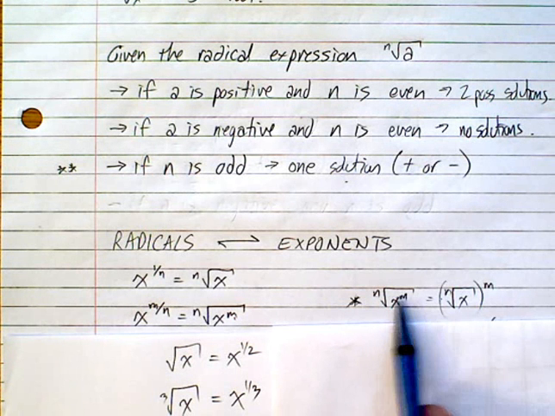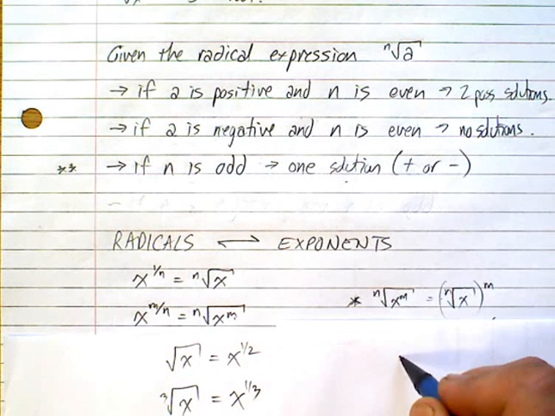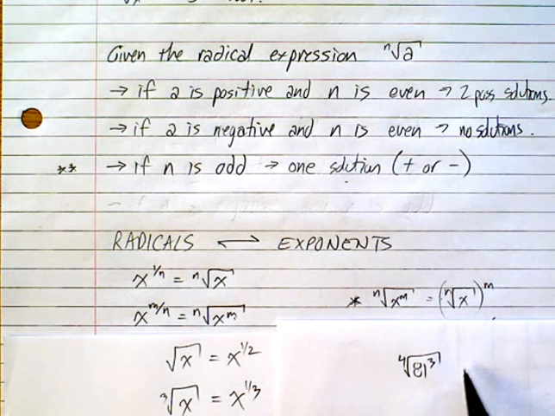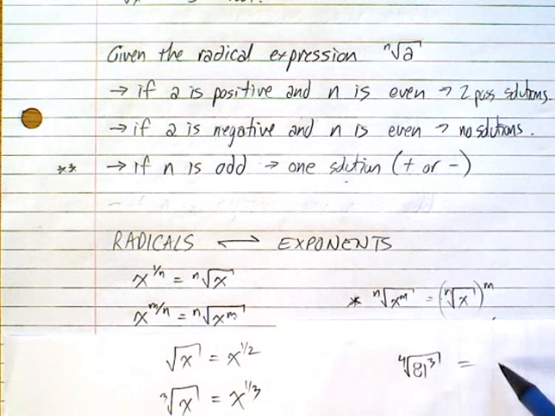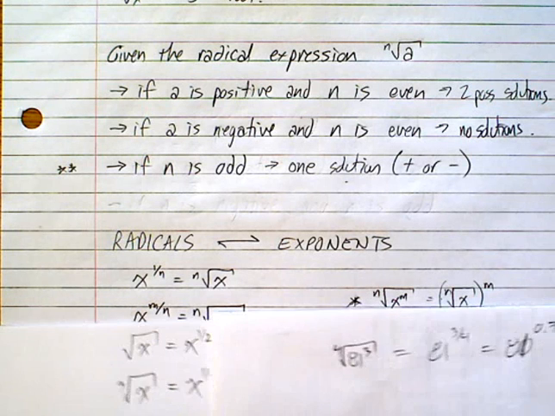And a perfect example of this is if I had the 4th root of 81 cubed. Some of you might be able to see that this is the same as saying 81 to the power of 3/4. And if you use your calculator and did 81 to the power of 0.75 or 3/4, since those are the same thing, you'd get an answer.